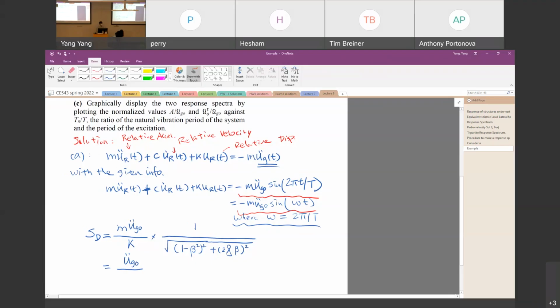M over k should be one over the natural frequency squared, omega n squared, times the ground acceleration amplitude.